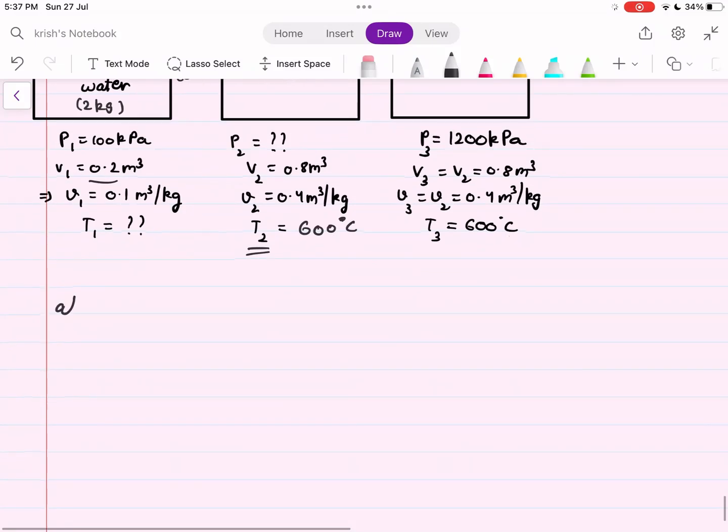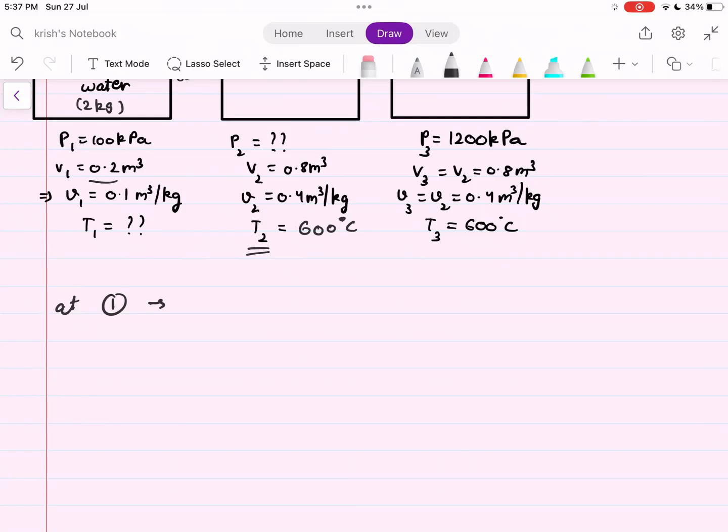Right. So if we solve everything at 1, our V will come out to be between Vf and Vg. So it will come out to be a saturated mixture.